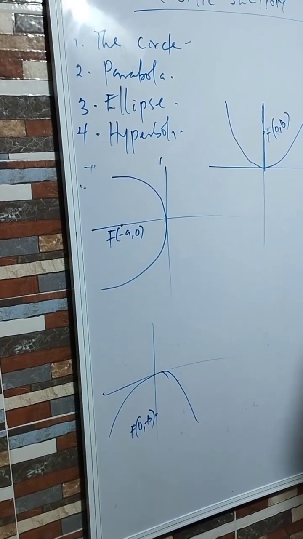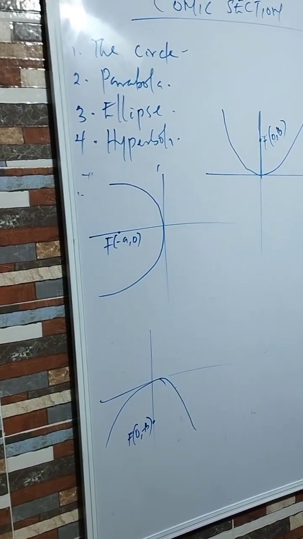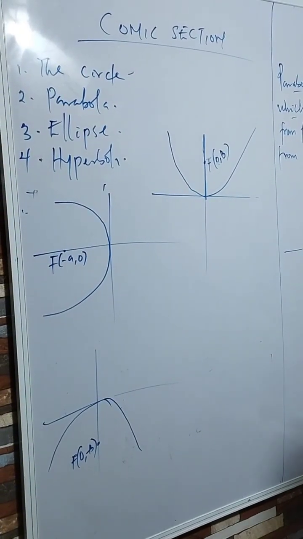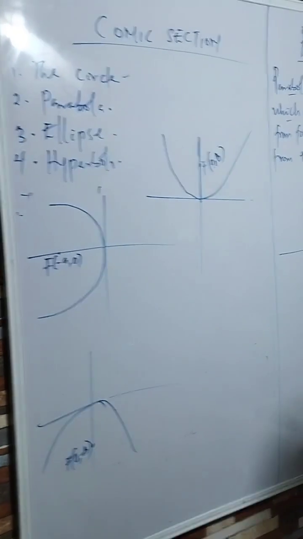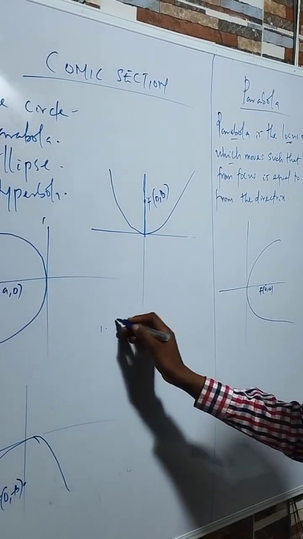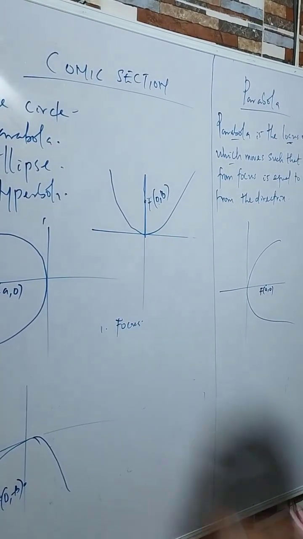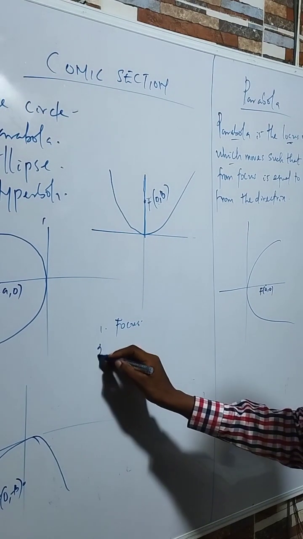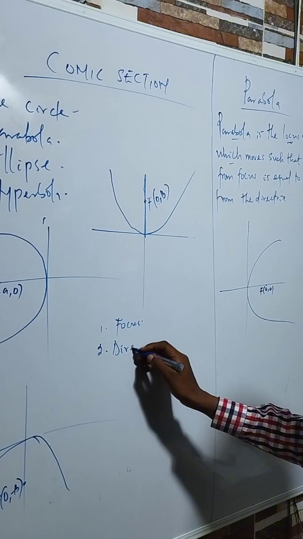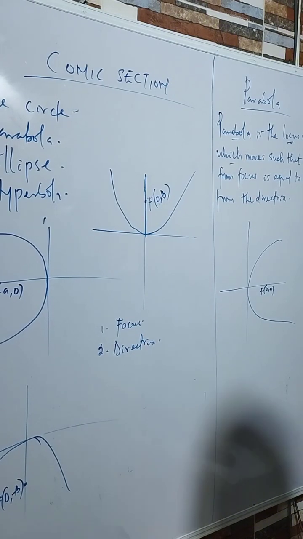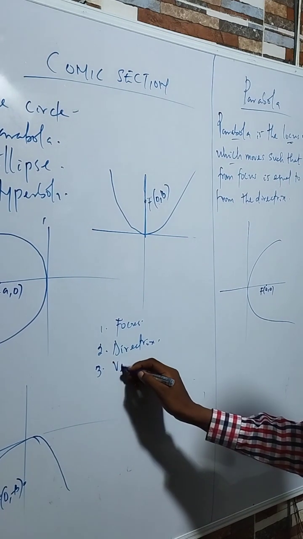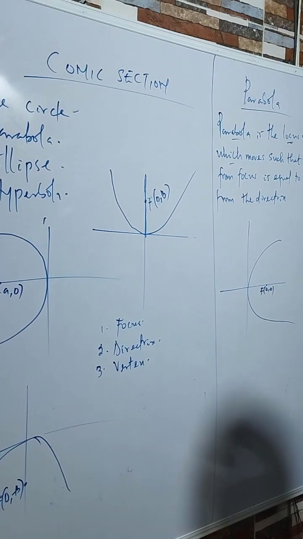Now, remember what I said earlier. For this class, we need some key things apart from the definition of what a parabola is. Number one, we need to understand what a focus is. Number two, what a directrix is. Number three, what a vertex is.